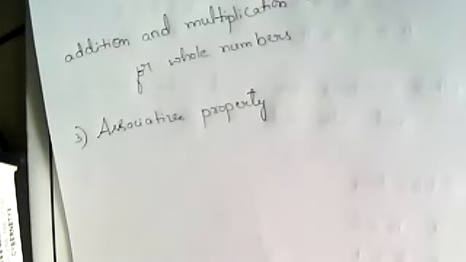First one is closure property. Second one is commutative property. The third one is associative property. The general form of closure property is A plus B equals C. In the commutative property, the general form is A plus B equals B plus A. And this is our third property, associative property.